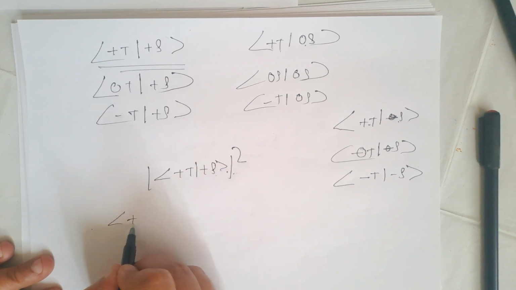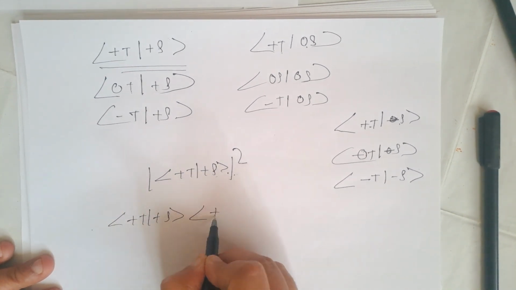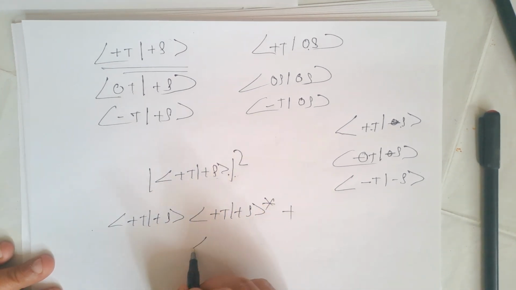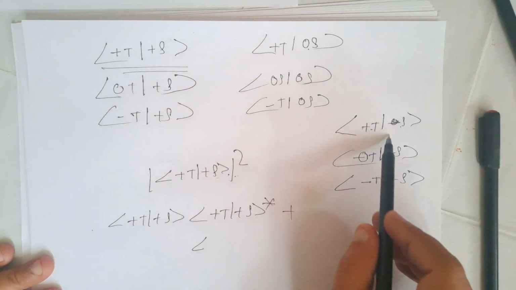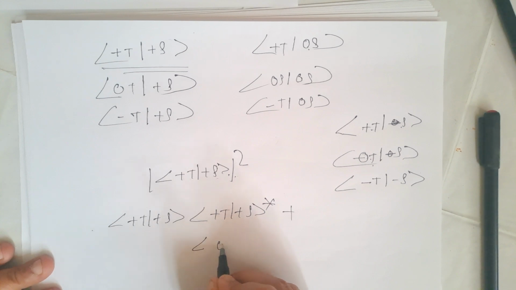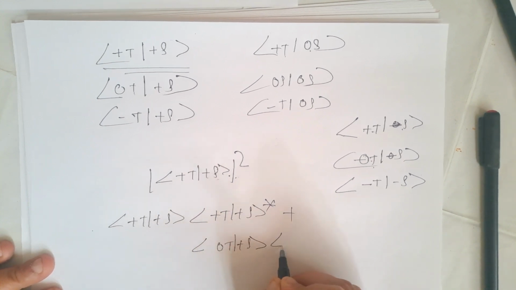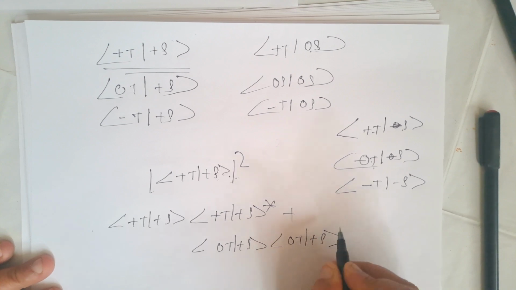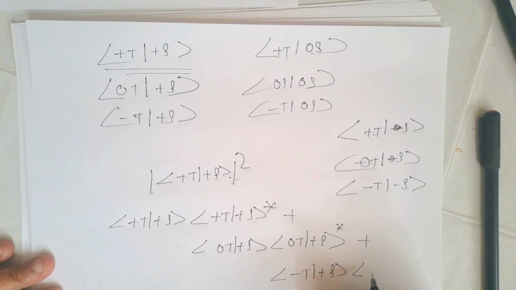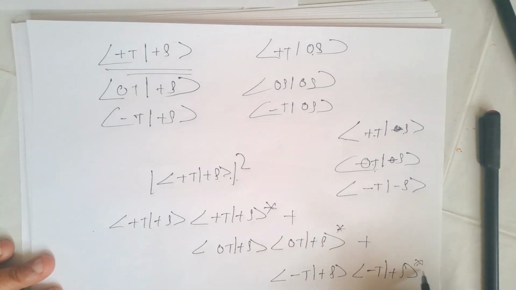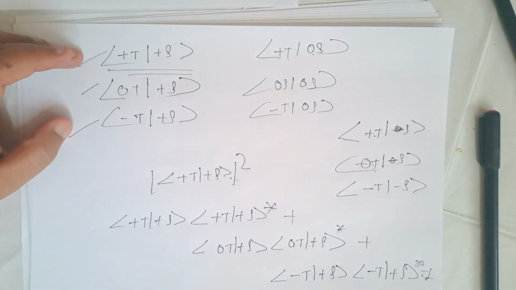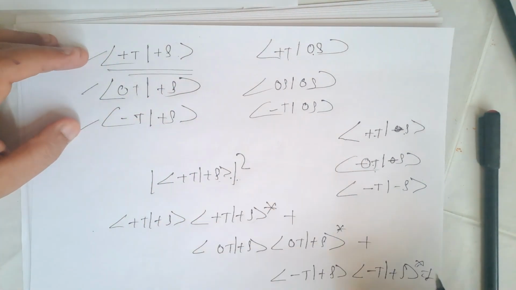and we can write this as plus T plus S, plus T plus S star, plus 0T plus S, 0T plus S star, plus minus T plus S, minus T plus S star, and the probability of getting all these states will be 1. So the total probability will be 1.